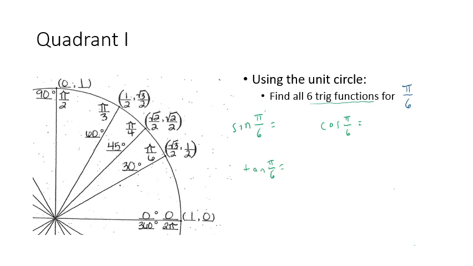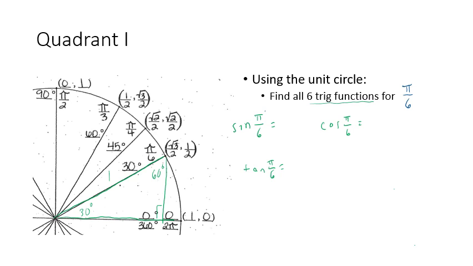So for pi over 6, that's the same thing as 30 degrees. I'm going to highlight here. All right, we're really talking about this triangle, where this is 30 degrees, 90, and 60. So if we want the sine, we want the opposite side over the hypotenuse. So remember, for all of these, the hypotenuse is just 1.